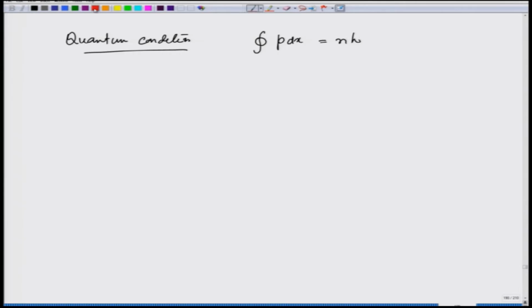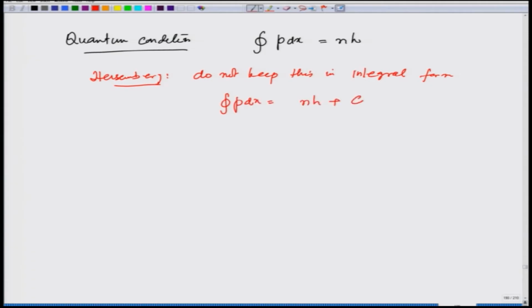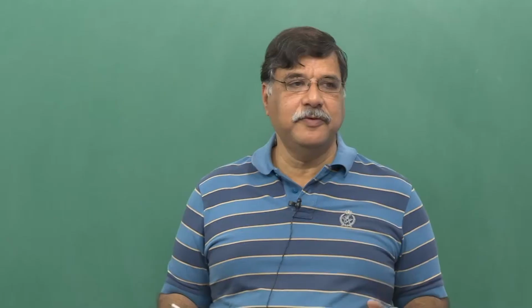So, first thing Heisenberg said, do not keep this in integral form. Why? Because this ∮p dx could be nh plus some constant, and we do not know this constant, so it should be replaced by a differential form.